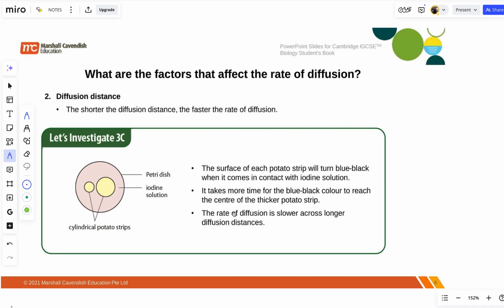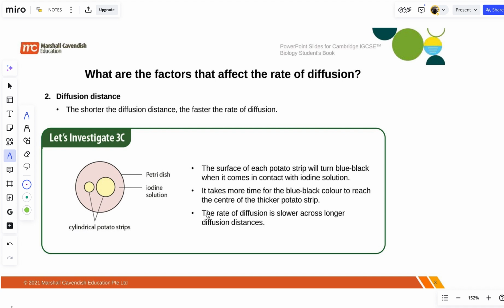Now the surface of each potato, we have a big potato and a small one, right? The surface of each potato strip will turn blue black when it comes in contact with iodine solution.